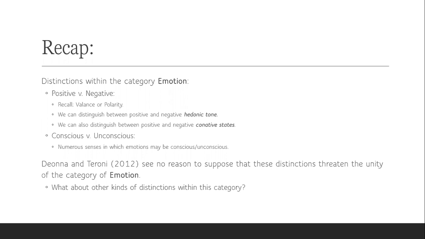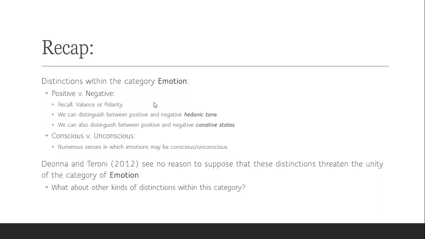A negatively valenced emotion, in terms of conative states, might be an emotion that motivates you to do something that will alleviate your experiencing of that emotion. If you're feeling guilty about something, that guilt is negative in the sense that it motivates you to take actions to alleviate it by making amends with the person that you believe you've wronged, for example.